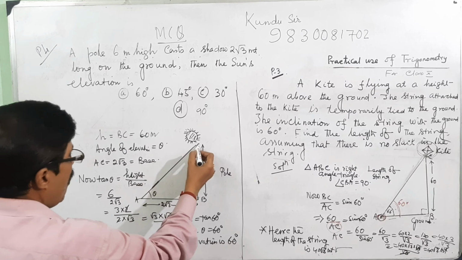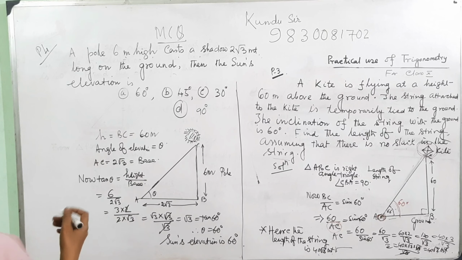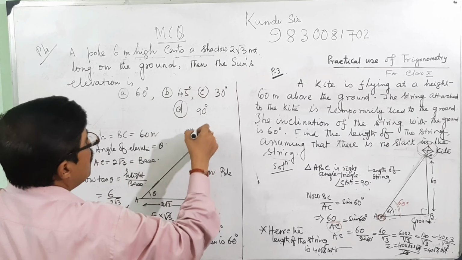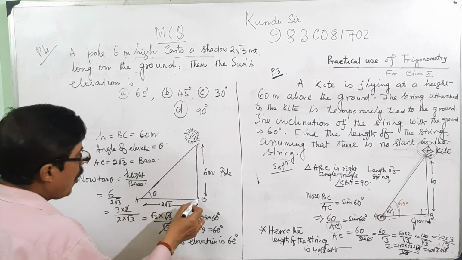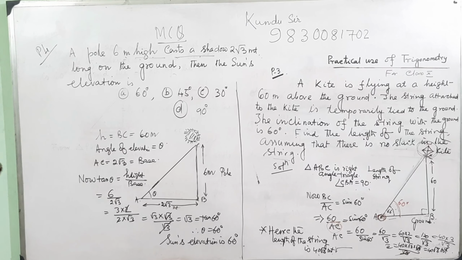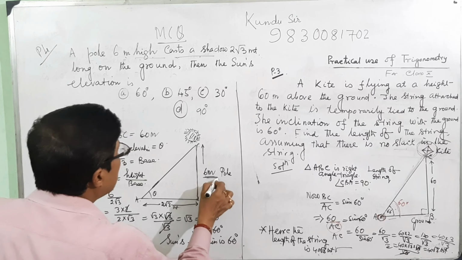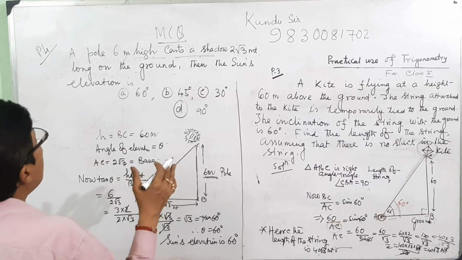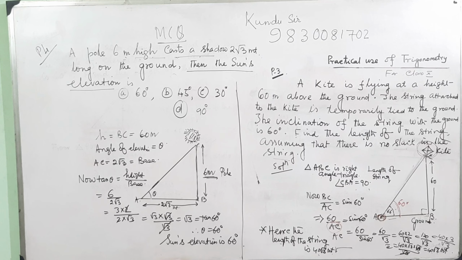The pole is AB, the length of the shadow is 2 root 3 meter, and the height of the pole is 6 meter. Now we have to find the angle of elevation of the sun.